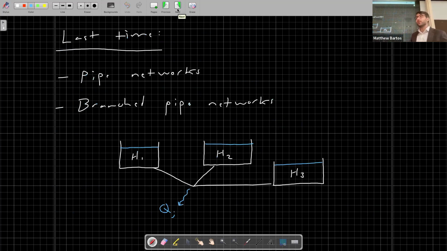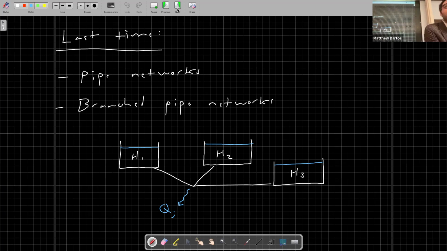So last time we began our second module of the class. We transitioned from flow and single pipe systems or pipeline systems to pipe networks. So this is networks consisting of interconnected pipes. We looked at an example of a branched pipe network consisting of 3 tanks that drain to a common point with some demand leaving the system.